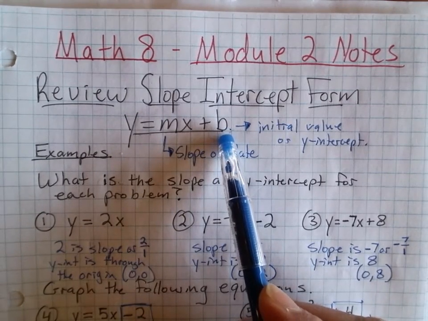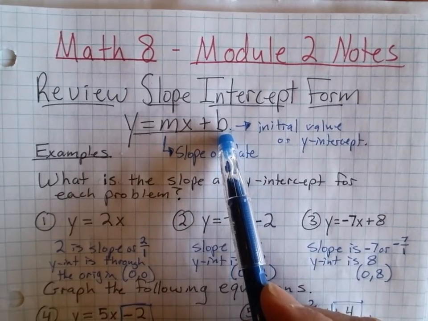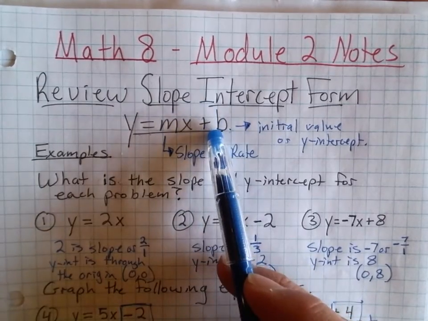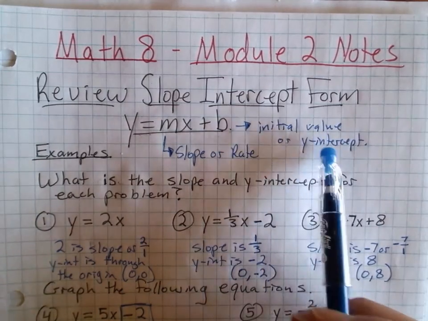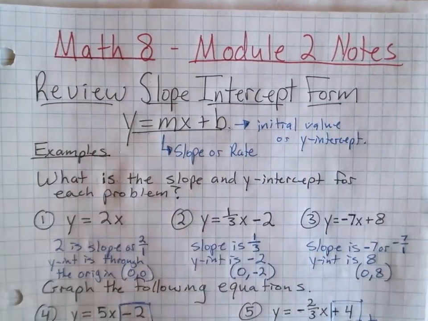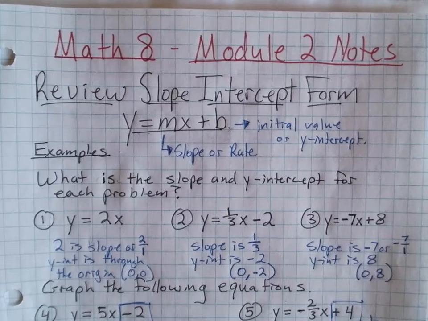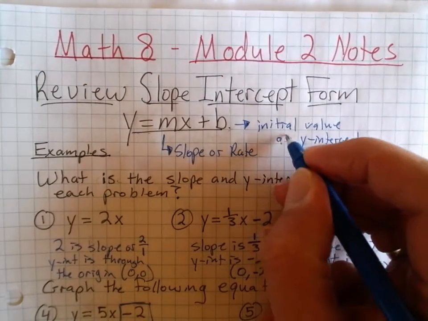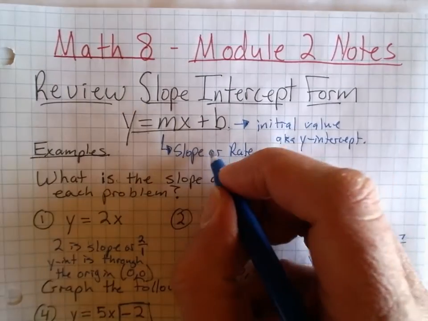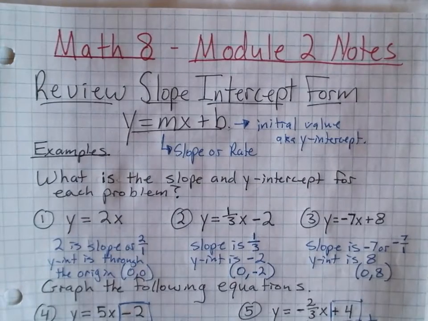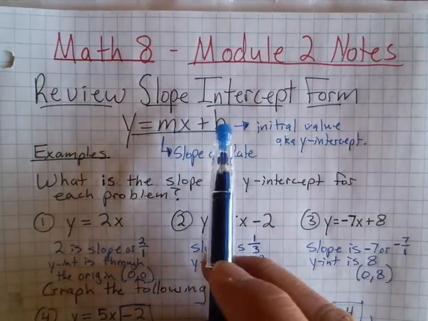You should typically have this number if you're graphing or in a word problem. It's always the initial value or the y-intercept, which is the same thing. Slope, AKA rate. So m is the slope, b is the y-intercept.